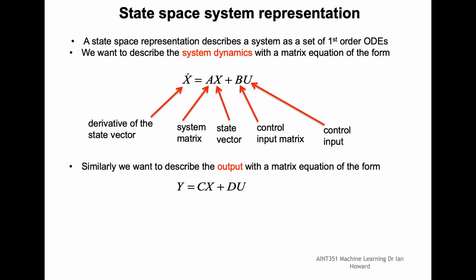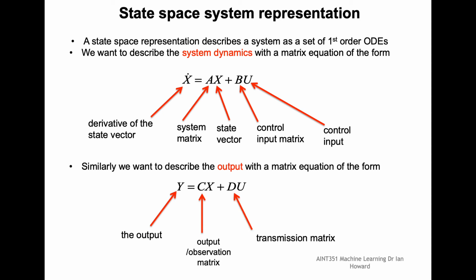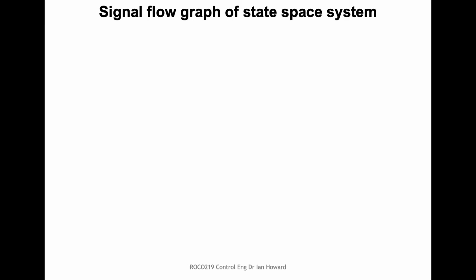And the output is given by the relation y equals Cx plus Du, again all matrix equations. y is the output, C is the output or observation matrix, x again of course is the state vector, D is the transition matrix, which basically relates the output directly to the input, to the control.